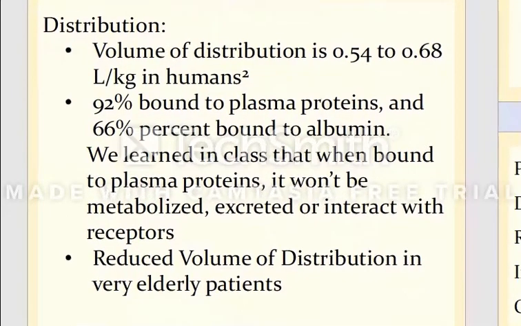Like I said earlier, it is 92% bound to plasma proteins and 66% bound to albumin. And that means that the bound fraction won't actually be metabolized, excreted, or interact with receptors. As for elderly patients, they do have a reduced volume of distribution.